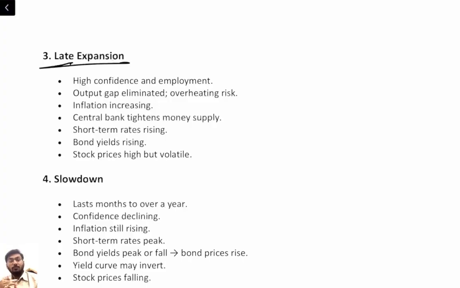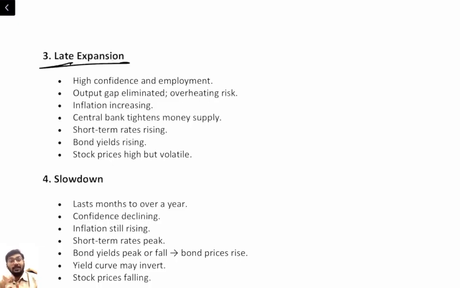Now, the final stage of expansion: very high confidence, very high employment rates, output gap eliminated, clear, inflation started increasing because now everyone will have money, they will start purchasing things, hence the prices will start increasing. Now the central bank will start tightening the money supply again because of the inflation. They want to control the inflation.